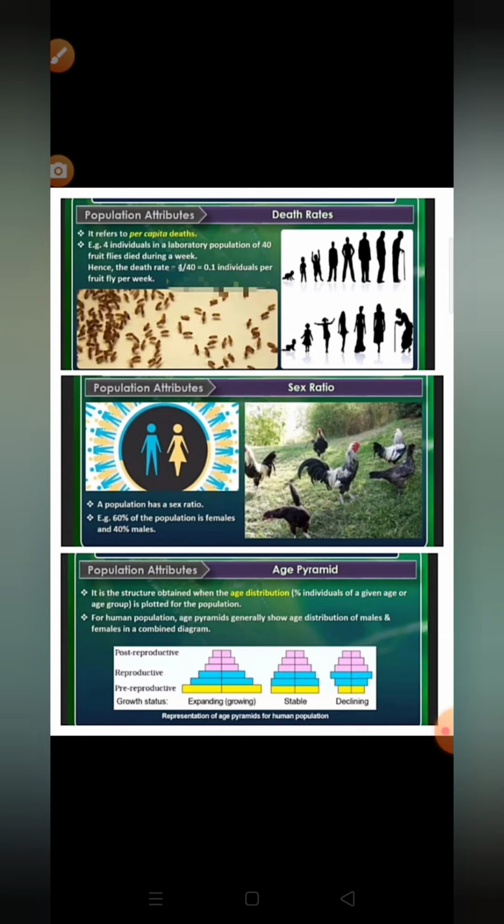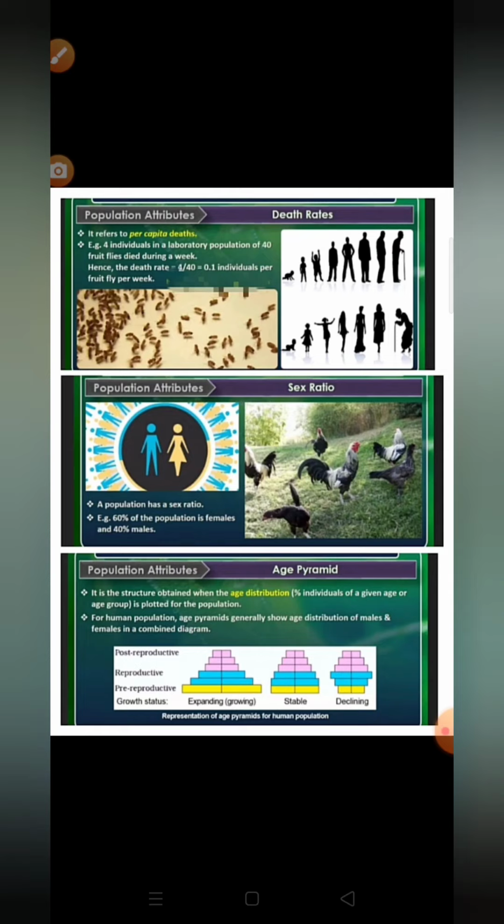You can say either death rate or mortality rate. It is expressed as the number of deaths per 1000 individuals of a population per year. Next, sex ratio. It is expressed as the number of females per 1000 males of a population in a given time.